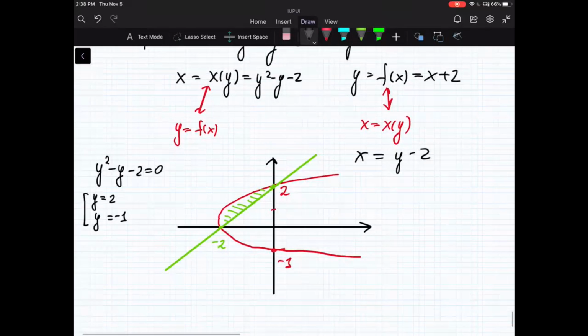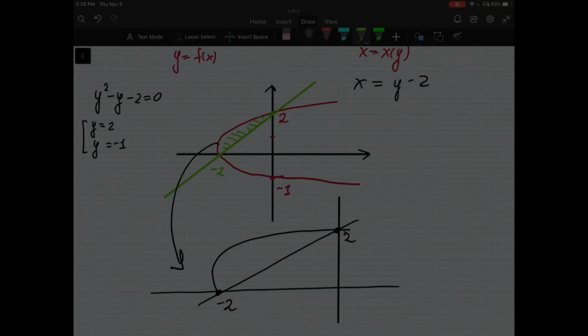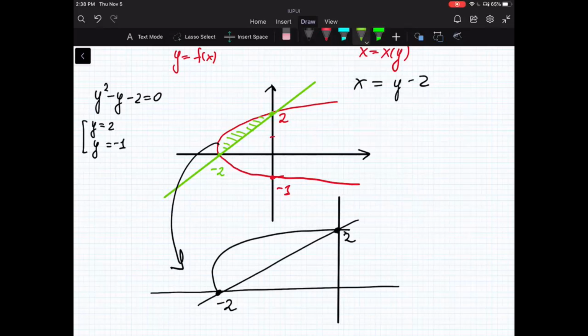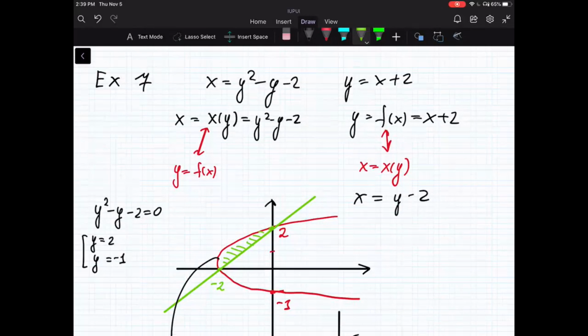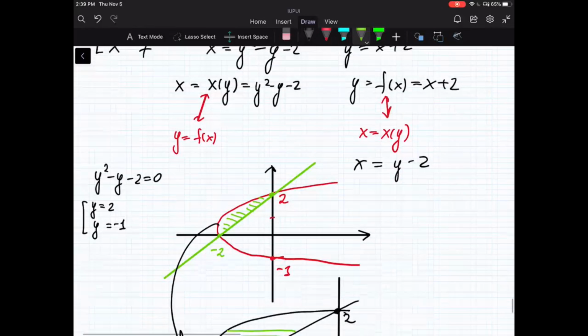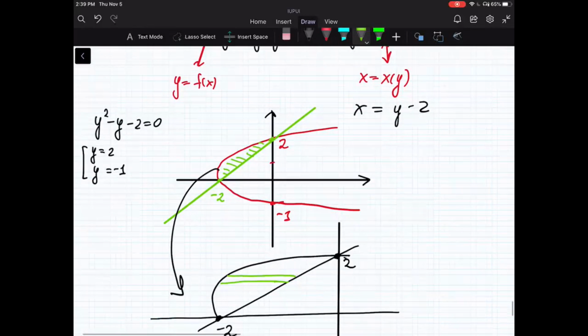And let's apply the same trick as we did. So let me zoom in on this part. Let's consider the typical element, but again, a horizontal typical element, because as we discussed, in this case we have x in terms of y. So we should integrate with respect to y.